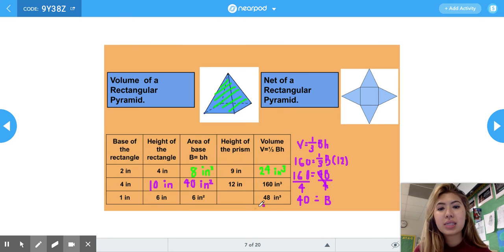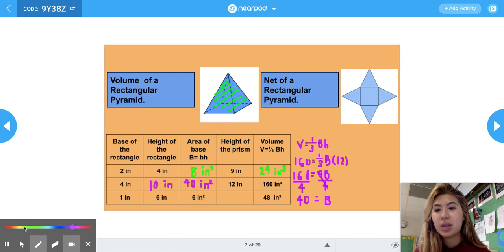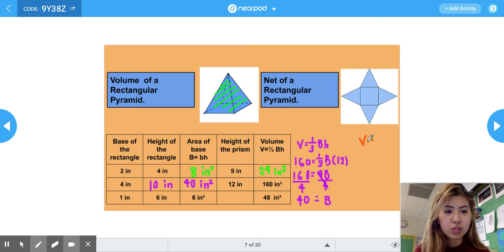For the last missing value, we have to find the height of the prism, and we're given the volume as well as the base area. So again, I'm going to write out the volume formula. So we have V is equal to 1/3 times base area times height.